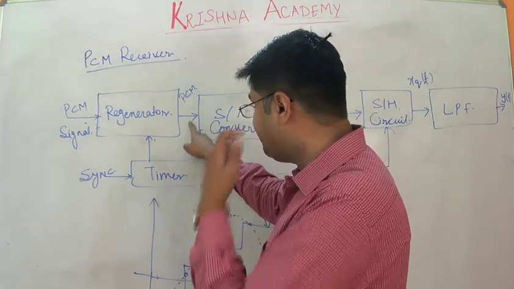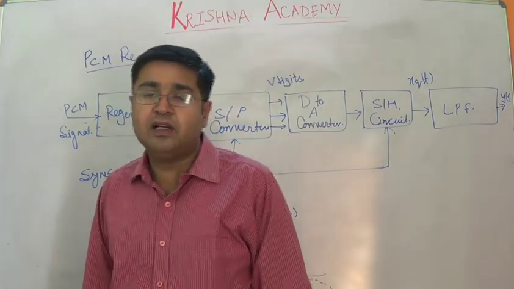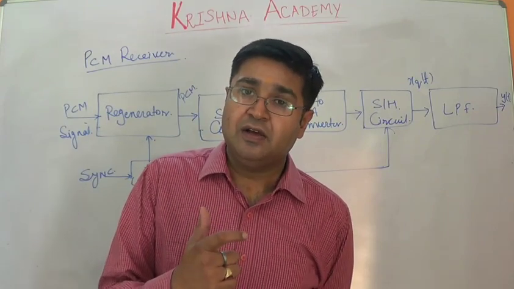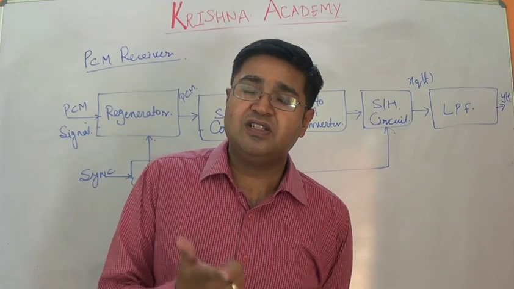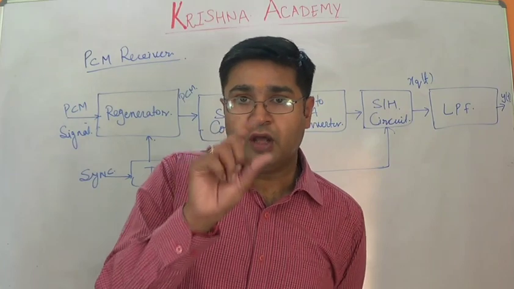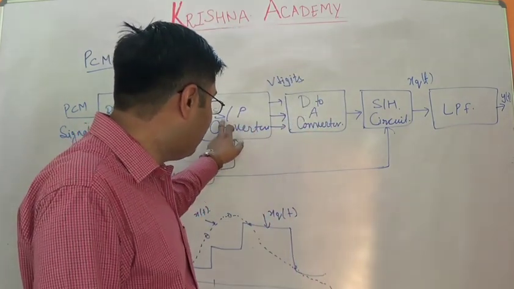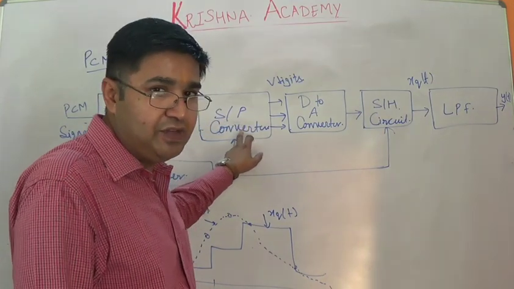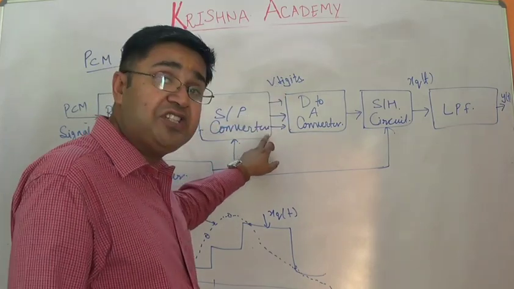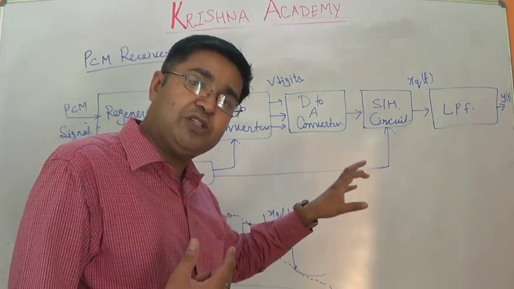Now this PCM signal needs to be sent to the SP converter, the serial to parallel converter. As we know, the signal we are receiving right now is in serial mode, so we need to generate it in n-digit mode. That n-digit mode can be generated by the SP converter.